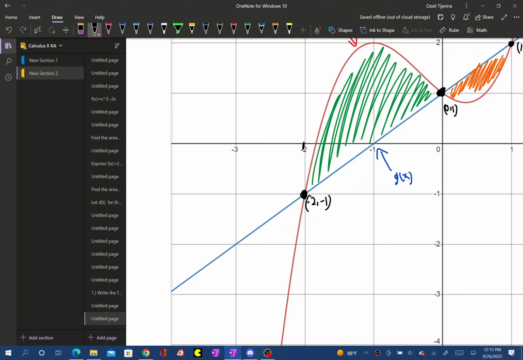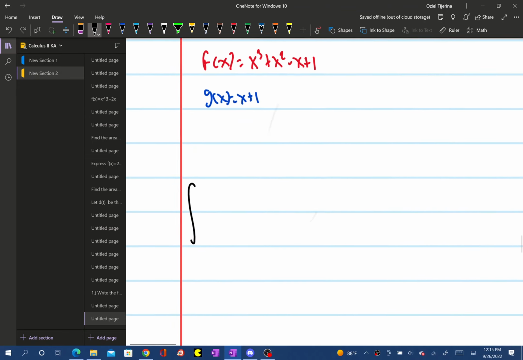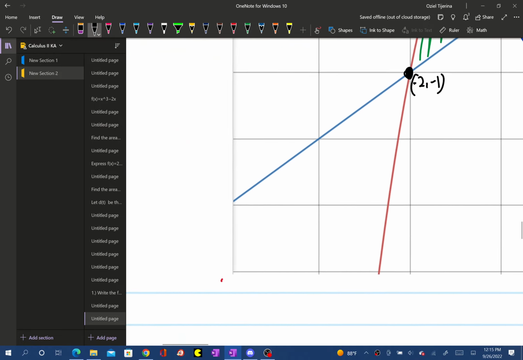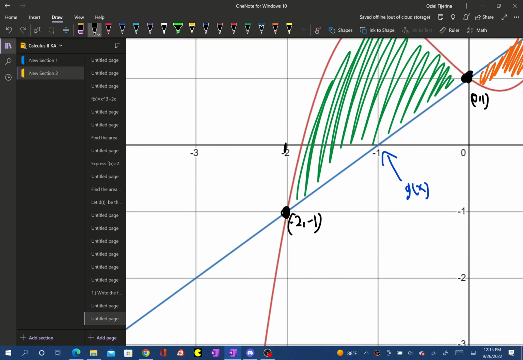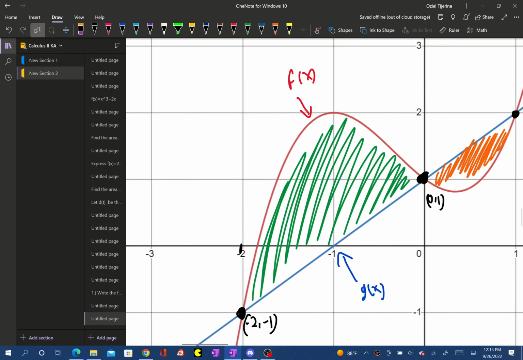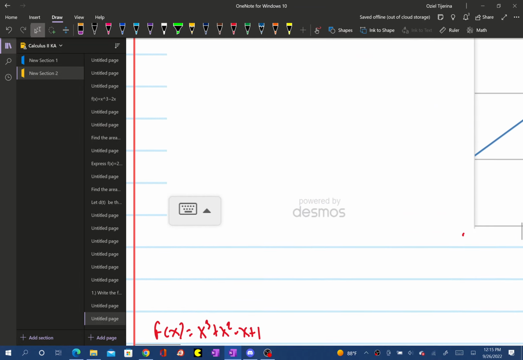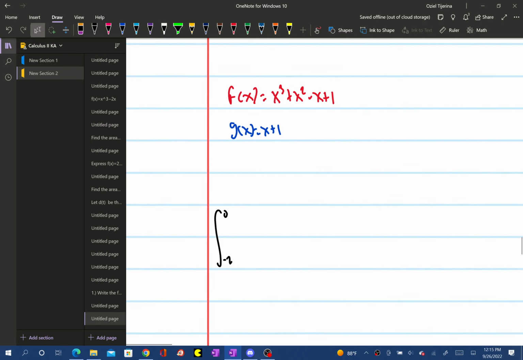And what I'm going to do, so it's from -2 to 0, and I'm going to get the polynomial function f of x, and then minus g of x, with respect to x, so dx, right?